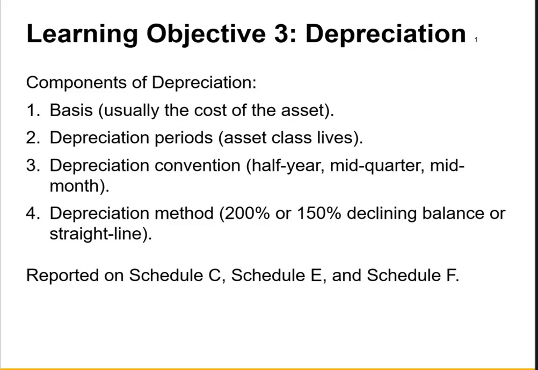So, depreciation is the idea that we had a cost, but it wasn't ordinary. So, it couldn't be expensed because it was a big enough item that's going to last more than a year.